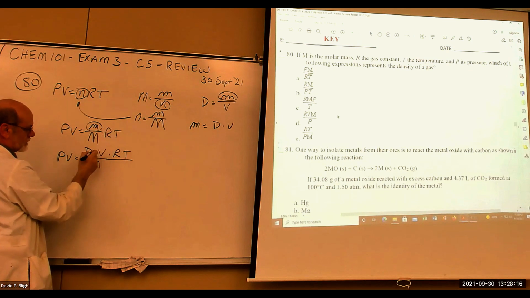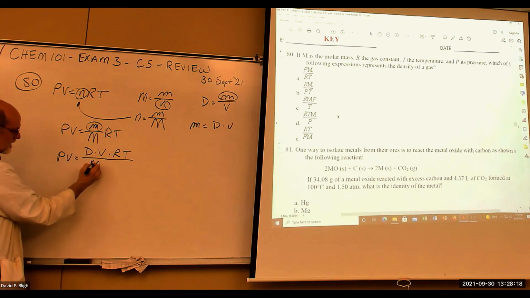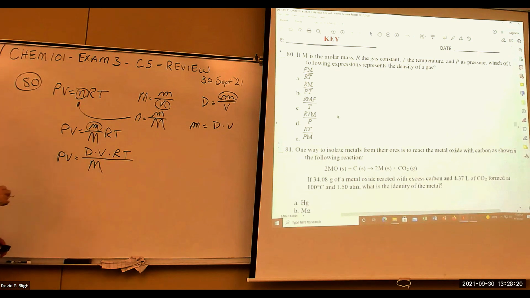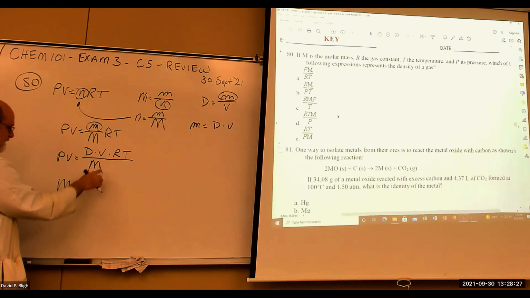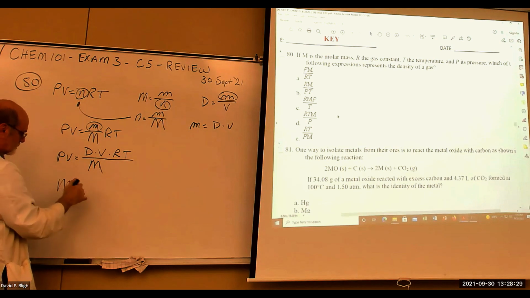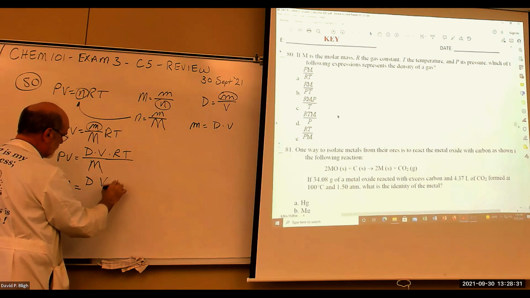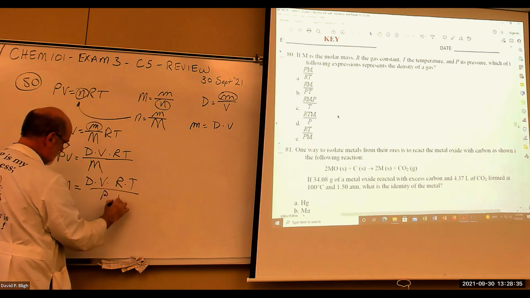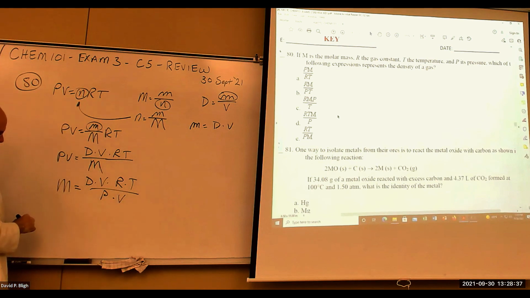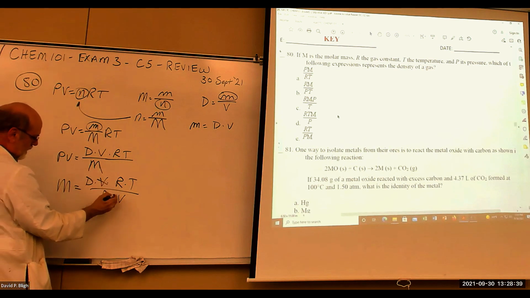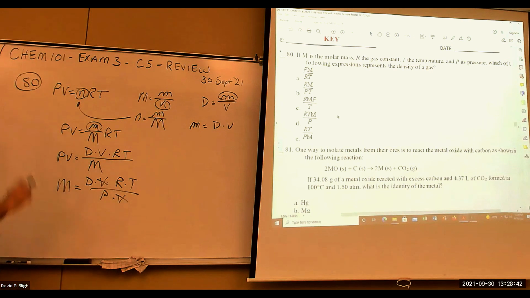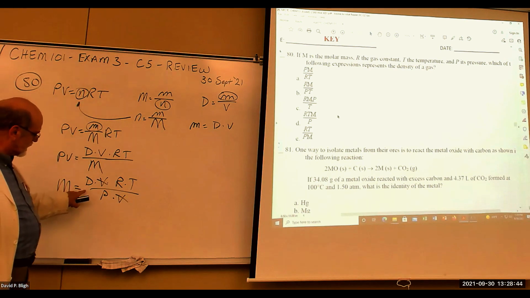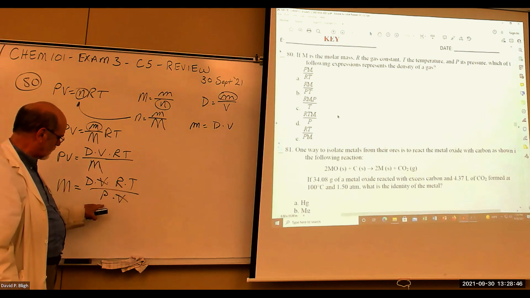It's in the numerator, correct? This is a big M. Now we need to solve for that big M, correct? Put that one over here, put these two over there. This is dV RT over PV. And that means that volume disappears. And we're left with molar mass is density times R times T over P.